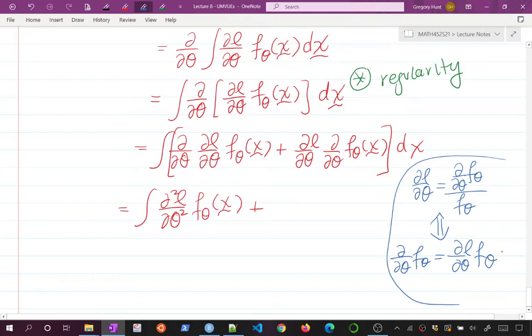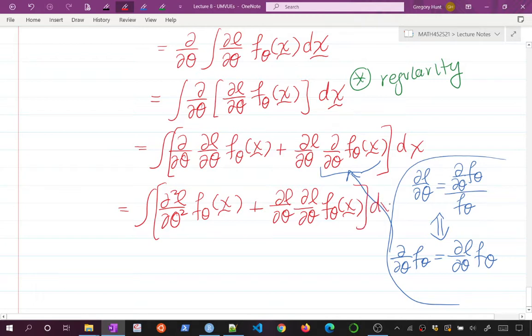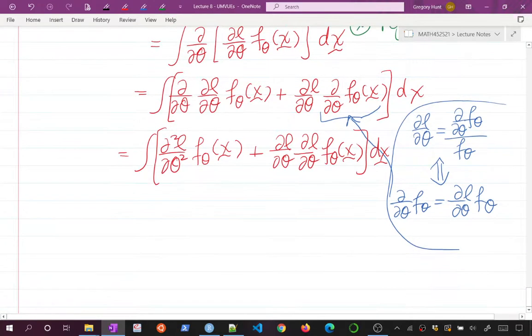Okay, so now we can actually replace that part. Let's replace the second part just to make our lives easier. And so we still have dl d theta, and then we replace this with another dl d theta and f theta. And okay, that is all in our integral. Good. And so let's just distribute this integration across.